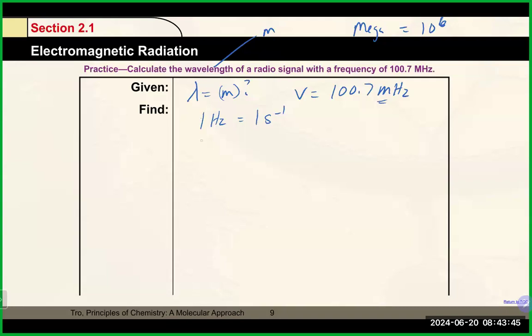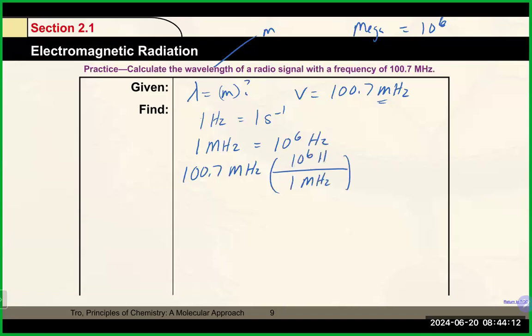In this case, mega would be 10 to the 6. So 1 megahertz would be 10 to the 6 hertz, like your radio there. So 100.7 megahertz, again going opposite to cancel, megahertz on the bottom, and 10 to the 6 hertz up on top.